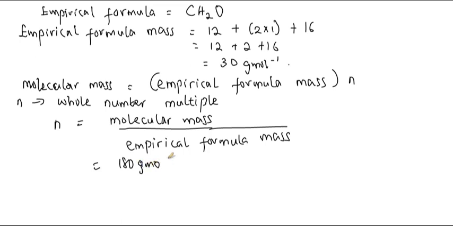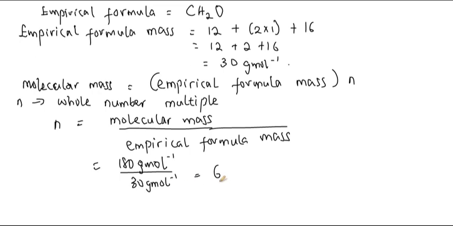From the equation, we have the molecular mass to be 180 divided by 30 grams per mole. That is the formula mass we got here, and this is equivalent to 6. That means we have a multiple of 6 of the empirical formula in the molecular formula.